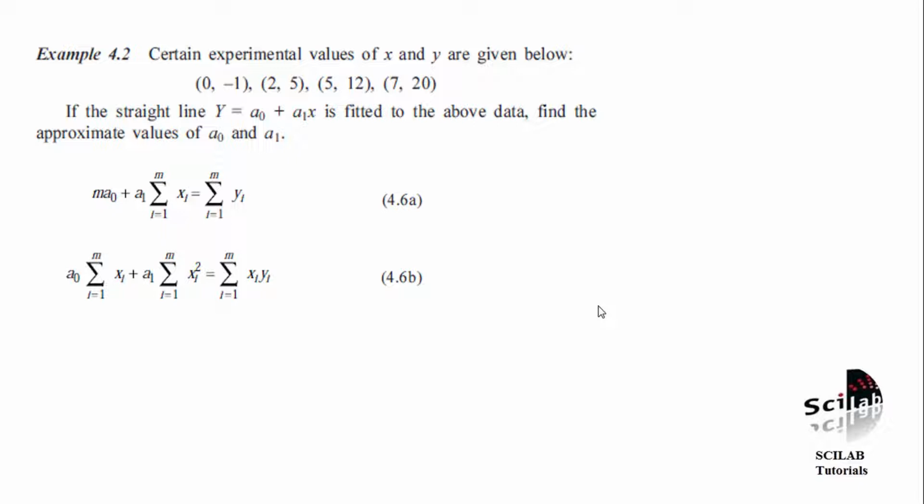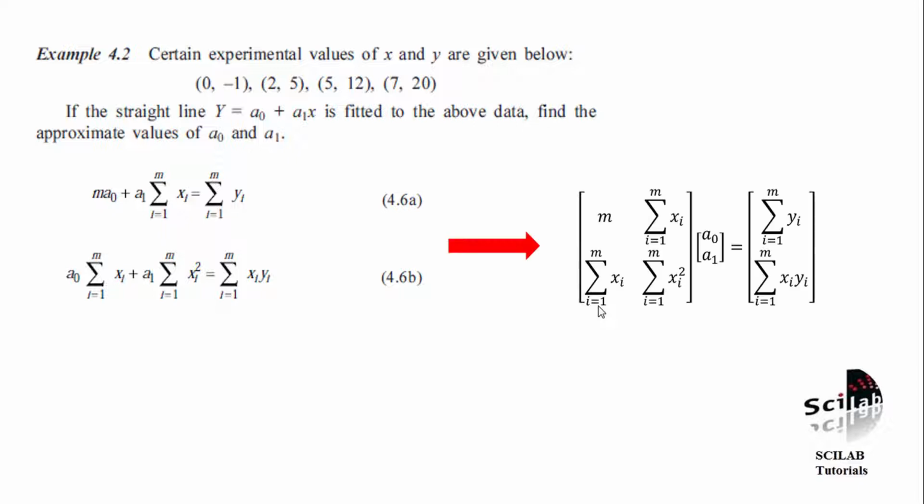So these two equations can be solved using a matrix as given: a 2 by 2 square matrix containing 4 elements, a column matrix containing a0 and a1, and again a column matrix on the RHS, summation yi and summation xi yi. In order to solve this matrix, we first have to calculate summation xi, summation xi square, summation yi, and summation xi yi.